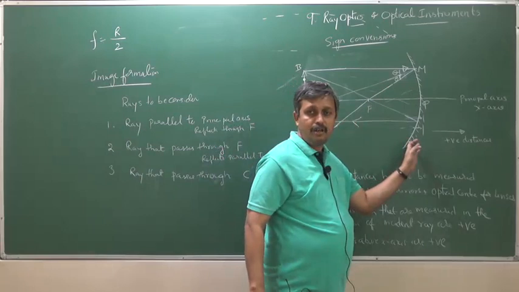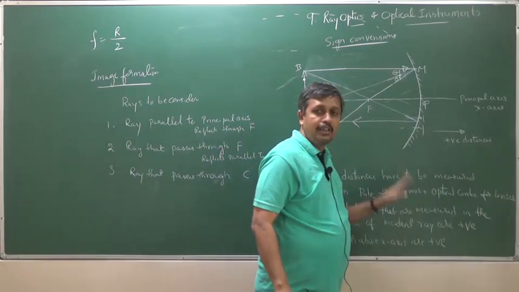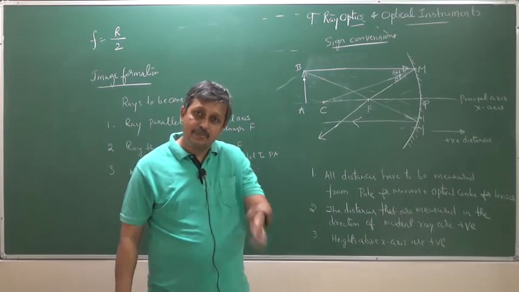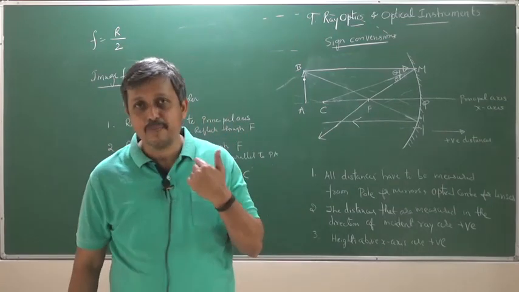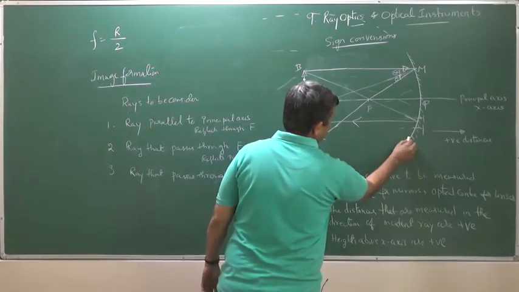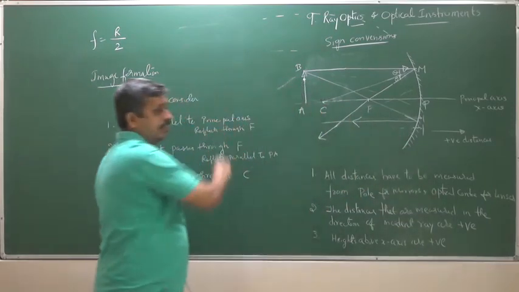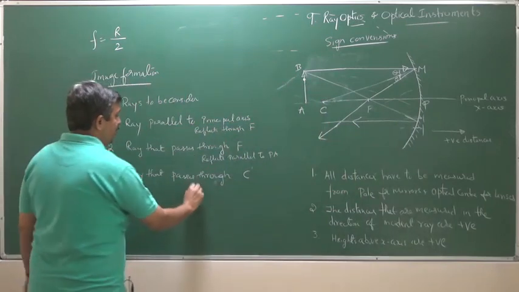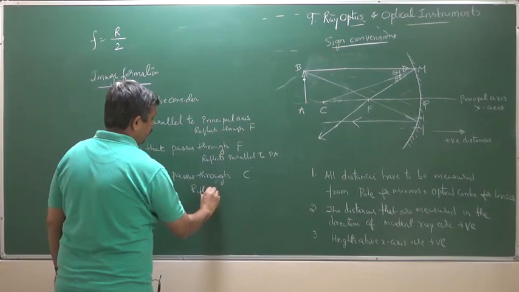Center to circle, if you draw a radius, it is at right angle to the tangent. So hence it reflects back, because i is 0, it reflects back onto the same line. If it goes via C, any light ray, it comes back via C again, reflecting back on the same line.